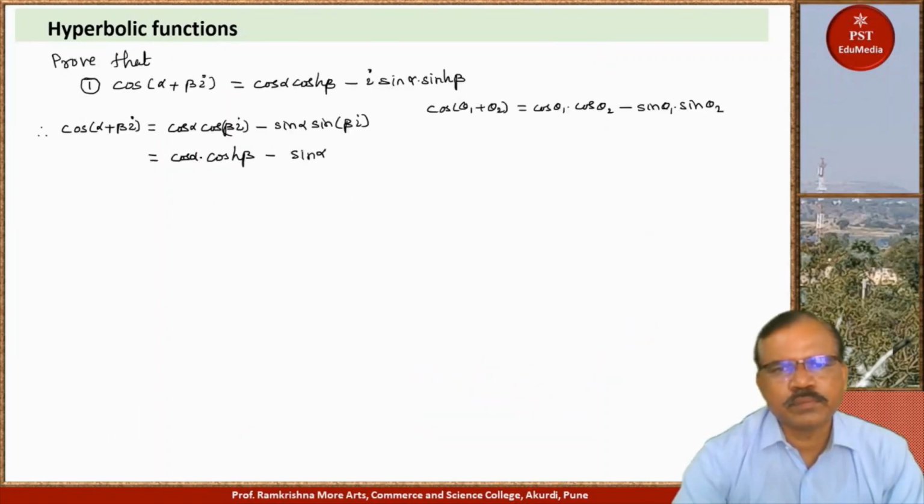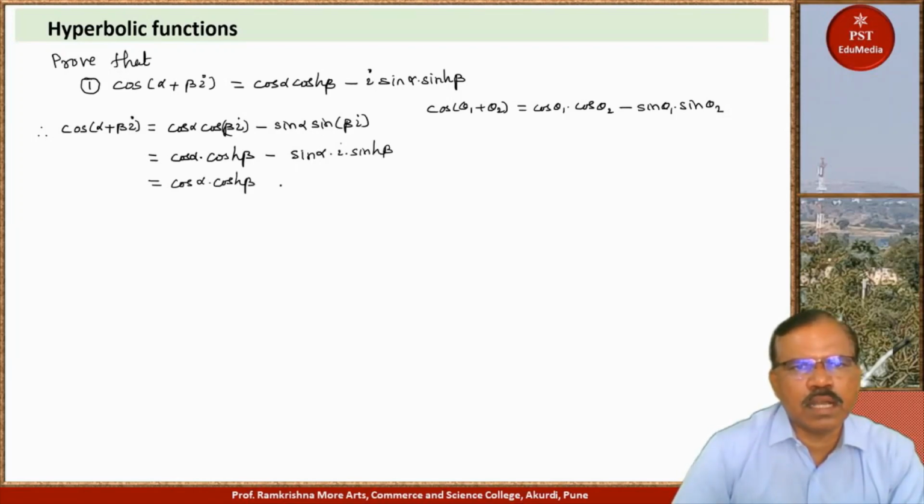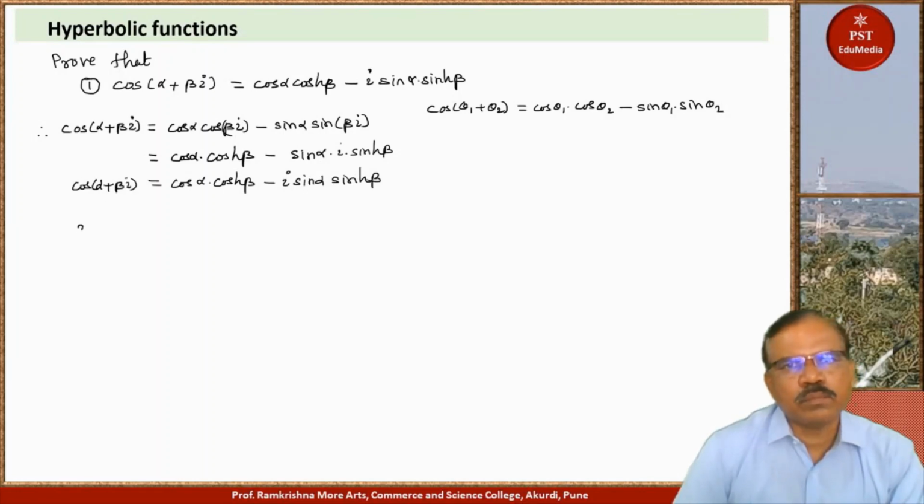So here we can write into I times sin hyperbolic beta. So we get here cos alpha into cos hyperbolic beta minus I times sin alpha into sin hyperbolic beta. This is cos of alpha plus beta I. So first one is proved.